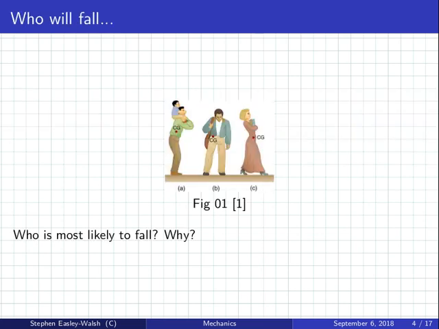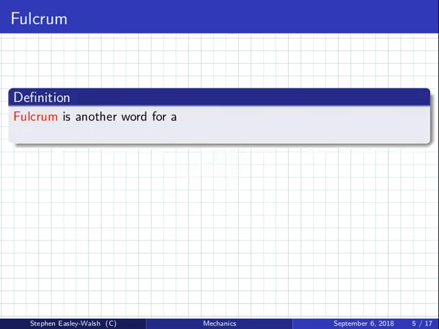So before we continue, we need a little bit more vocabulary. We have this word called fulcrum. Anyone seen this word before? Fulcrum? No. Are you 100% sure? Okay. Fulcrum is another word for a turning point.